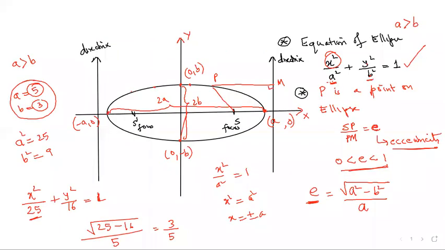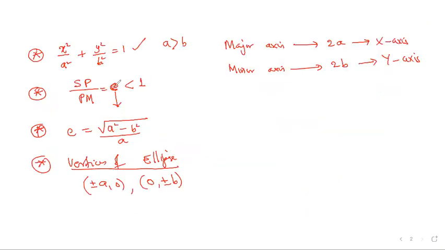Then don't write yet, I'm going to give you a better way to write. The foci, the coordinates of the focus. We have three things in an equation of ellipse: A, B, and E. The foci are plus or minus AE comma 0.